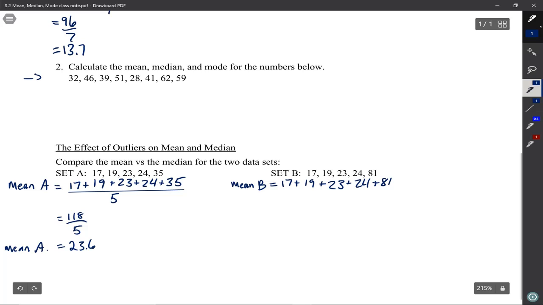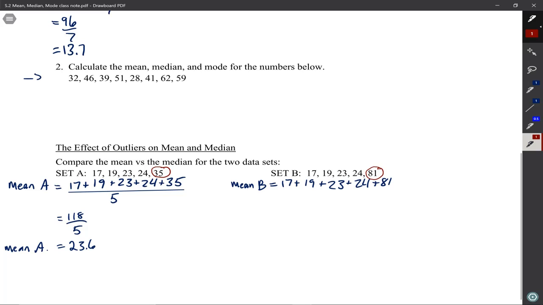Okay, so when I write out all of those numbers, the only difference between set A and set B is that in set A I had 35, and in set B I had 81. If we're giving a little bit of backstory, we could say maybe that set B had an error on the final point, and we had the number 81, but it should have been 35. So we'll see how that one error can change our means.